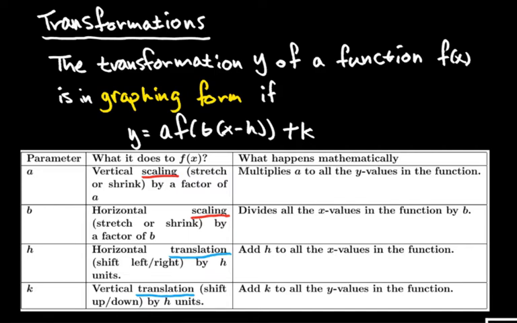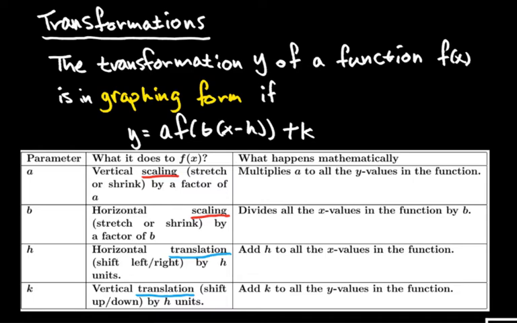A is multiplied to f. So a is multiplying to the y values. So vertical scaling. Scaling just means multiplying. So stretching or shrinking. B is multiplied inside of f. So it's affecting the inputs, in other words, the x values. X is horizontal, left and right, correct?